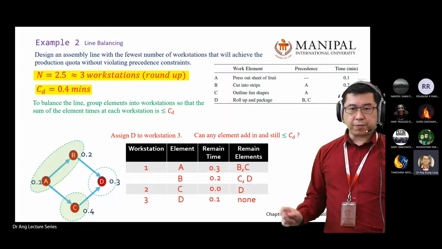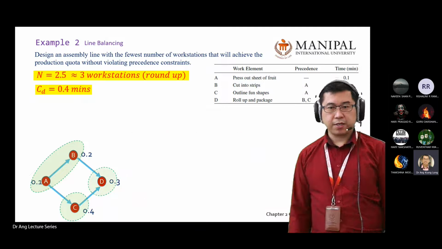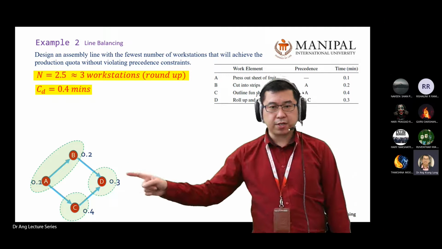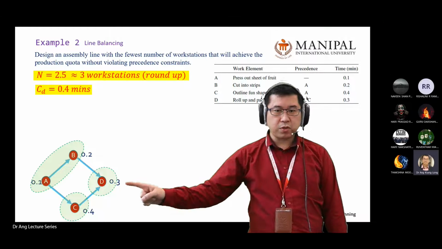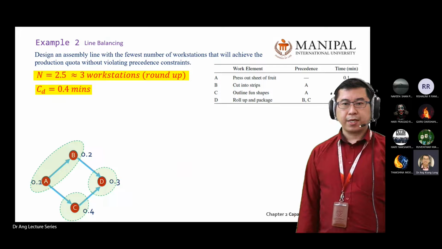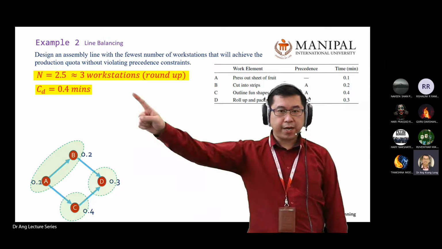Then there are no more elements. Then you circle the workstations and write workstation 1, workstation 2, workstation 3. This is how you group the workstations: AB, C, and D.